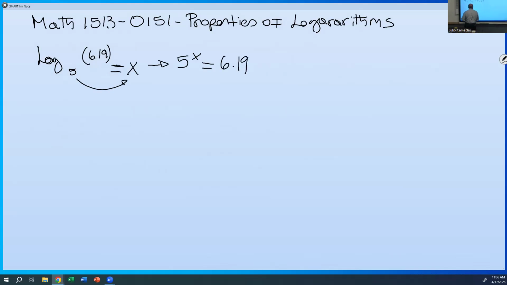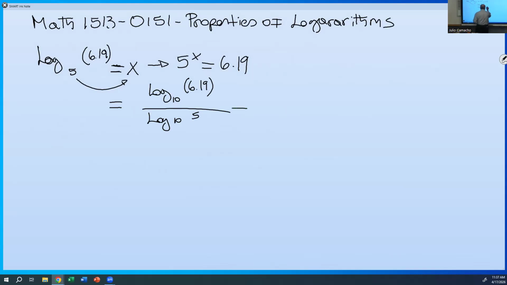And again, there's no whole number that you can raise 5 to that will give you 6.19. Because of that, we need to do a change of base. So you have to go to the log base 10 of 6.19 divided by the log base 10 of 5.